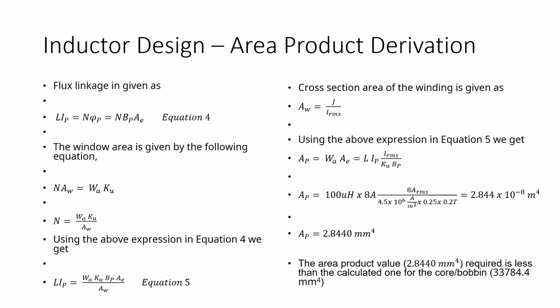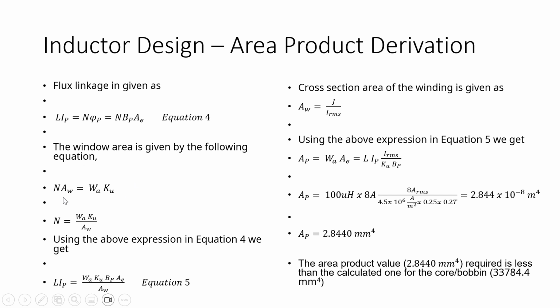So we now derive the equations to calculate the area product. If we have this flux linkage equation, and we substitute this phi with the flux density, then we get this value. Now if we use the other equation of the window area, then we have this equation.